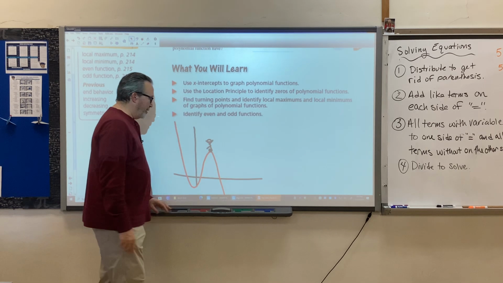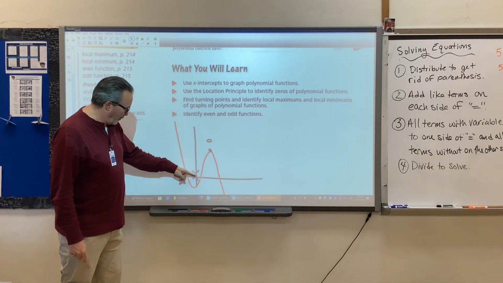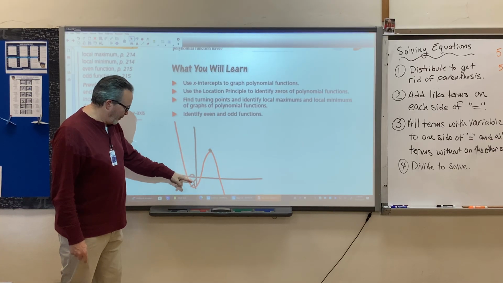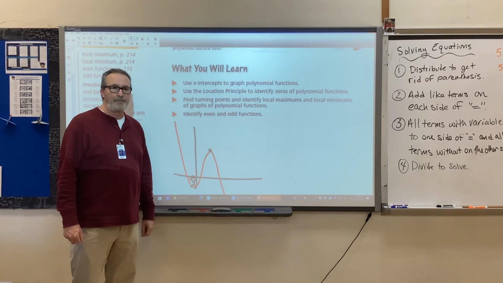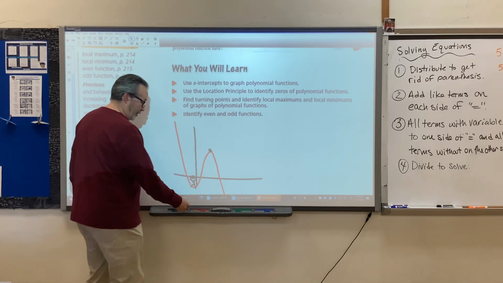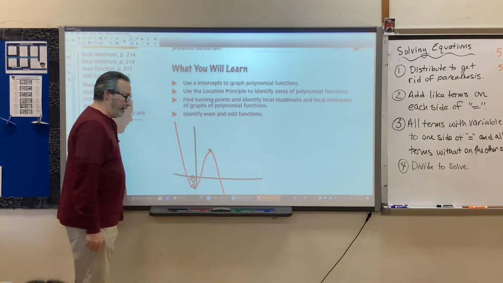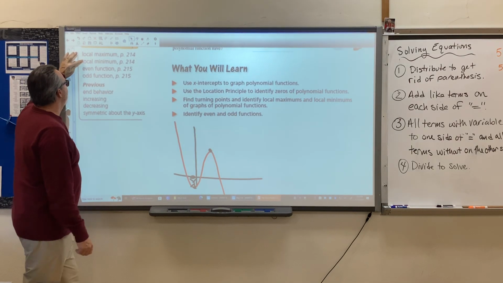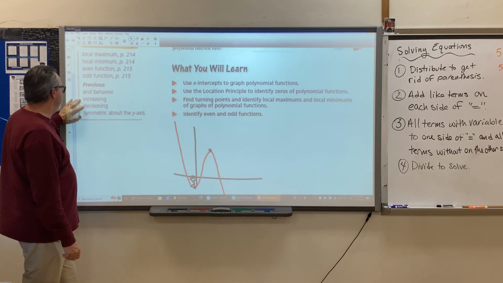A maximum is a little hilltop, and a local minimum, poor guy, is like a little valley bottom. So these have points, and coordinates are the points. And that's what you're gonna find. Local max, local min, even function, odd function, end behavior, increasing, decreasing.